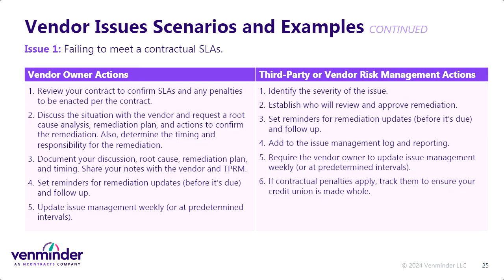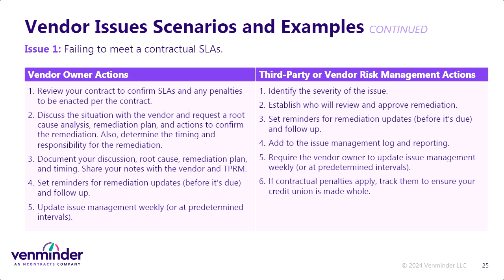So first is them failing to meet contractual SLAs. On the left side of this, you'll see some vendor owner actions, and on the right side, you'll see third-party or vendor risk management actions, the group that is overseeing that within your organization. The vendor owner is certainly going to review the contract to make sure that the SLAs and any penalties that might exist are enacted per the contract.